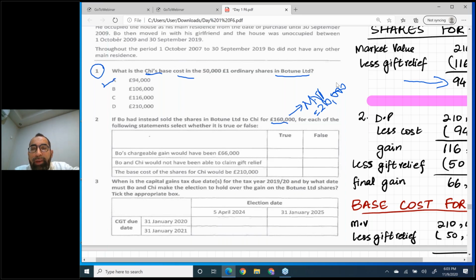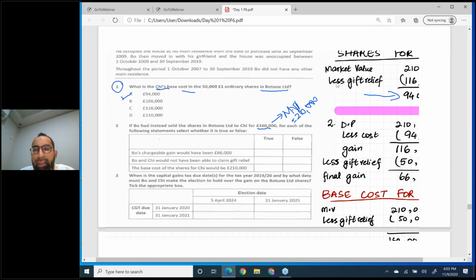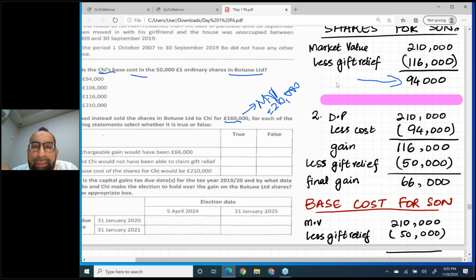Okay, so let's do the working. See, again, instead of DP, we'll use the market value. What is the original cost of these shares? 94,000. So DP less cost will give you the gain. Now in this case, as this is not a pure gift, Dad gave these shares with the market value of 210,000 to his son for 160,000.